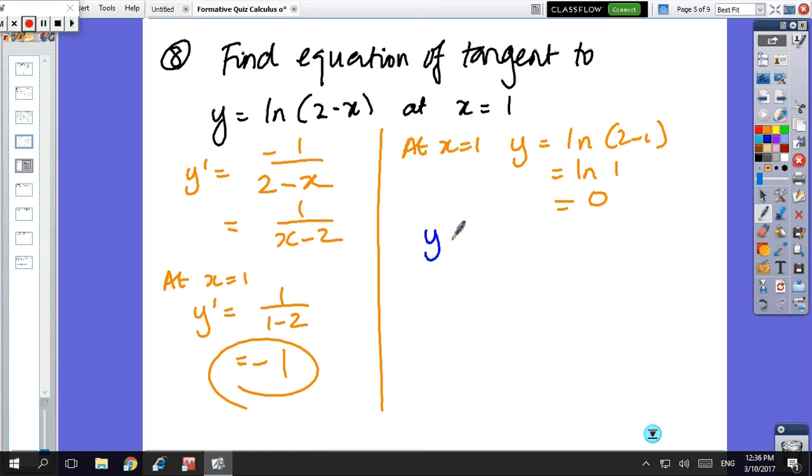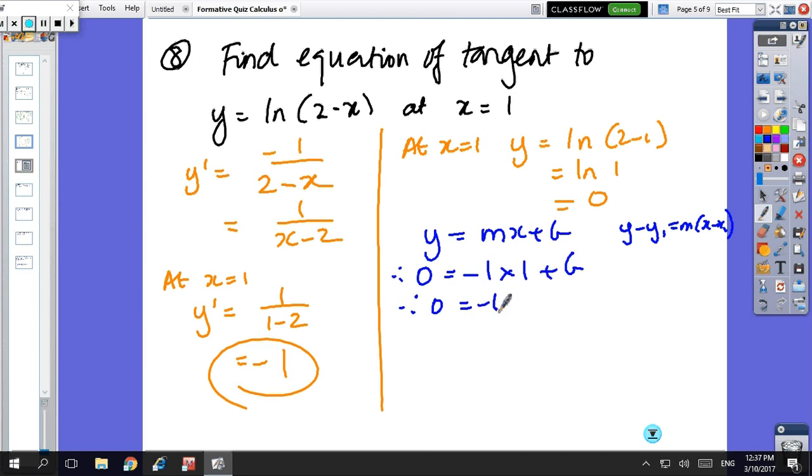So we've got y equals mx plus b, or you can use y minus y1 equals m(x minus x1). Doesn't matter which one you use, I'll use this first one. So we've got 0 equals minus 1 times x is 1 plus b. So 0 equals minus 1 plus b, so b equals 1.